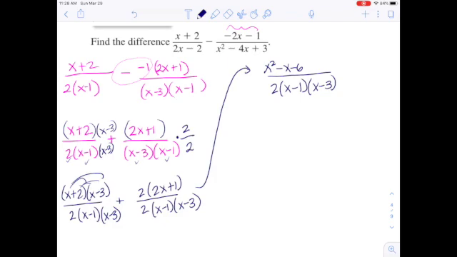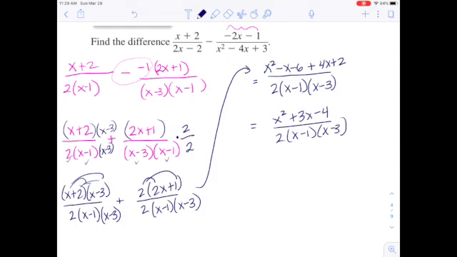And I did that in my head, the FOILing, plus this distribution of 2 times 2x plus 1 gives you 4x plus 2. So now we're at the point of 2 times x minus 1, x minus 3. Combine your like terms. That would be x squared plus 3x minus 4.